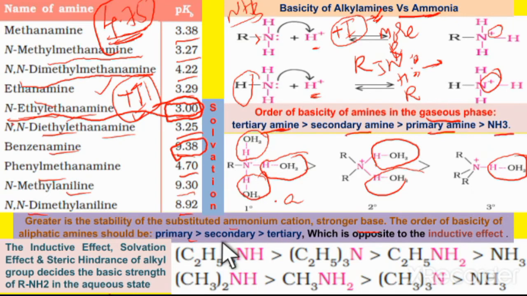If we consider the ethyl amines, the secondary amine, N-ethylethanamine, has the most basic nature: secondary, then tertiary, then primary, then ammonia. In the case of methyl amines, the secondary is more basic than the primary, than the tertiary, than ammonia.